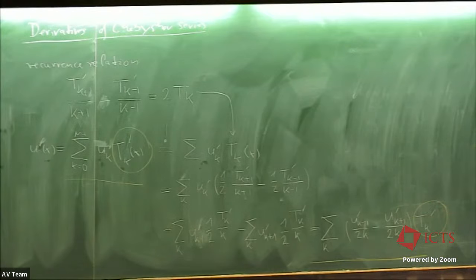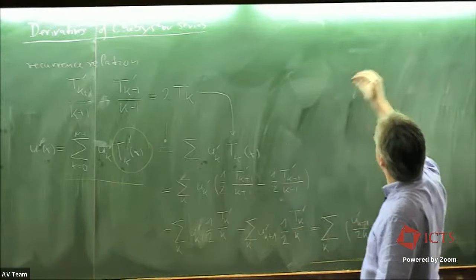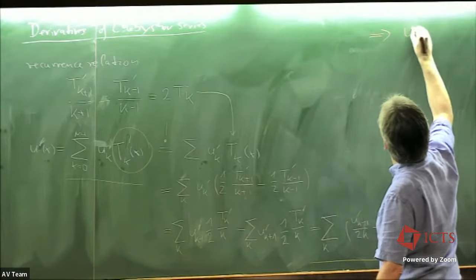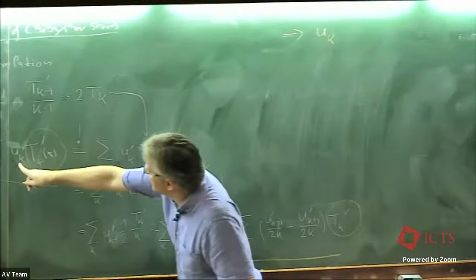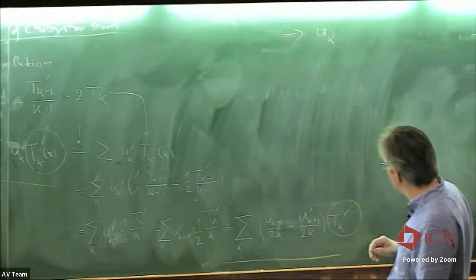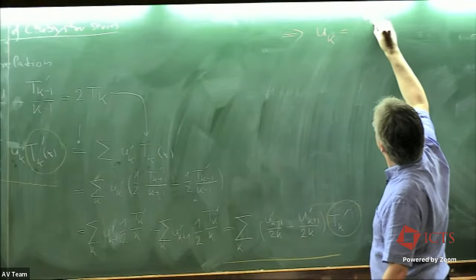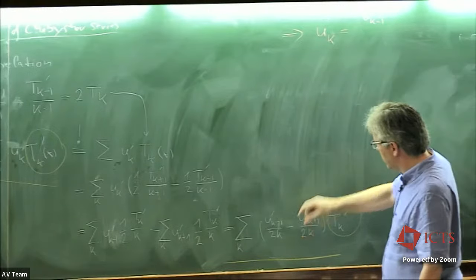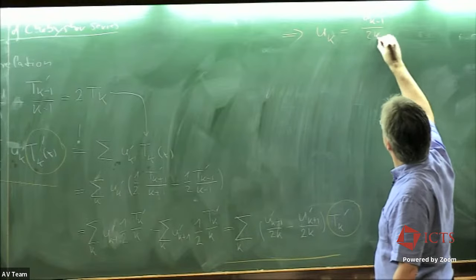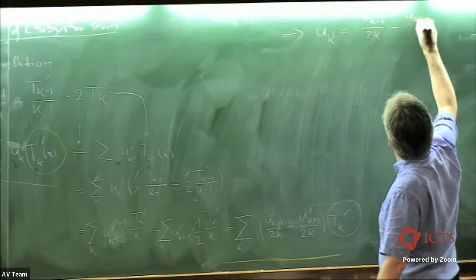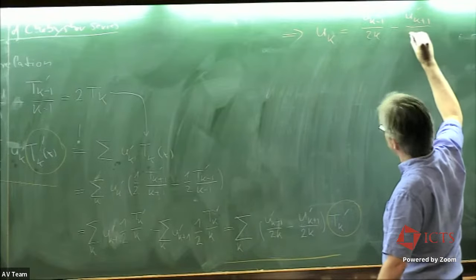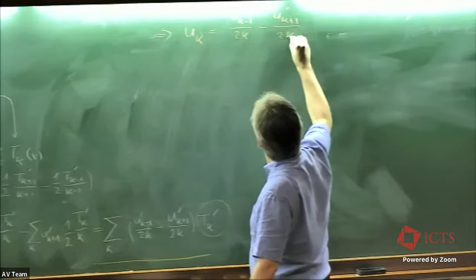Disregarding this little thing, and actually the little thing will show up in a little while, what we now have is that this u_k over here must be equal to u_(k-1) prime over 2k minus u_(k+1) prime over 2k.